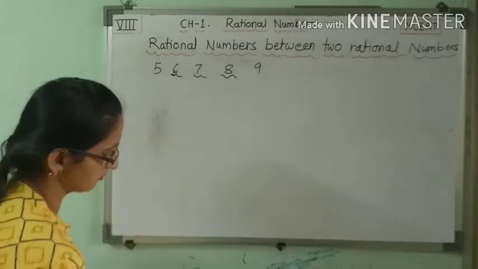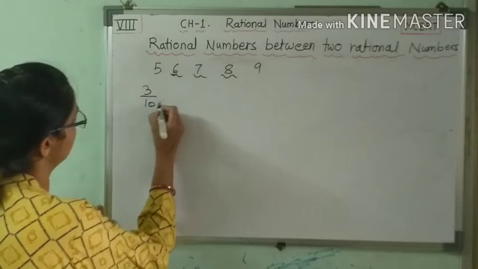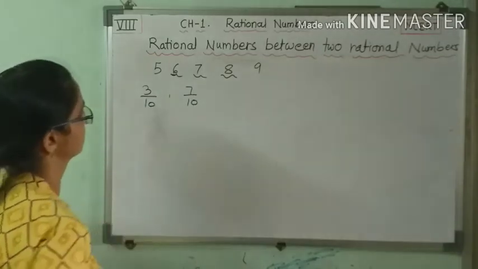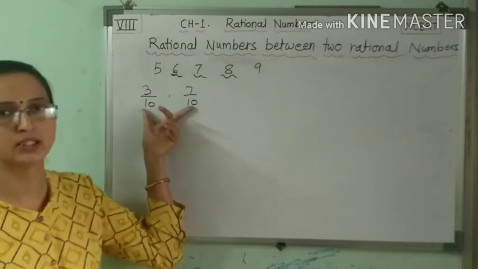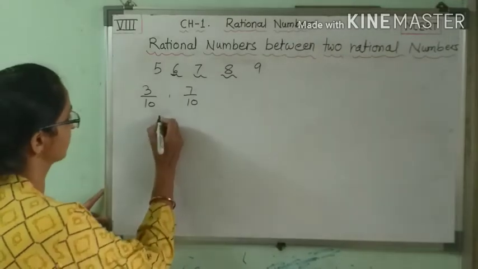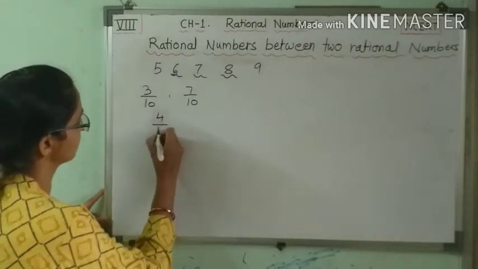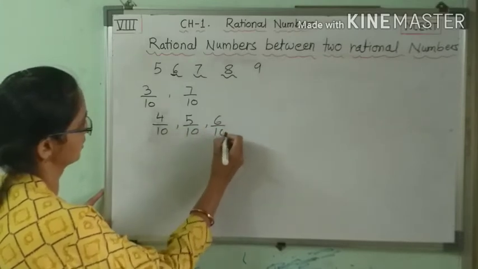Let us take an example, 3 upon 10 and 7 upon 10. We have to find the rational numbers between these two rational numbers. Obviously, you will say 4 upon 10, 5 upon 10, 6 upon 10.